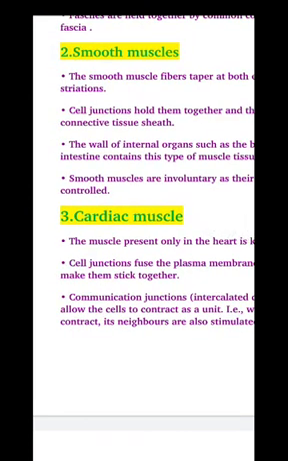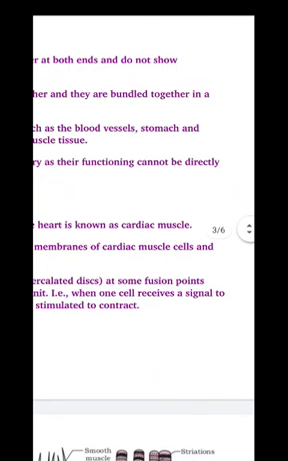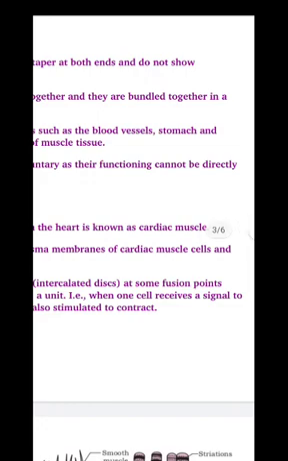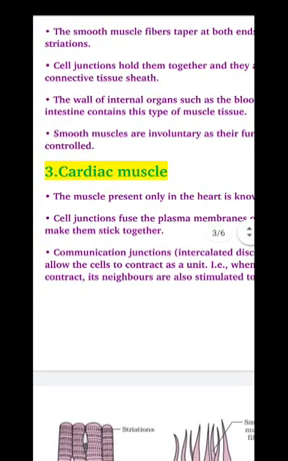Another feature is that these are involuntary. That means they are not under the control of our brain or our will, and they function on their own. No need to control them.